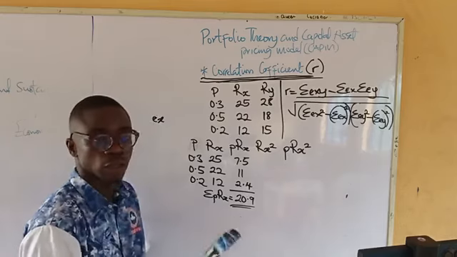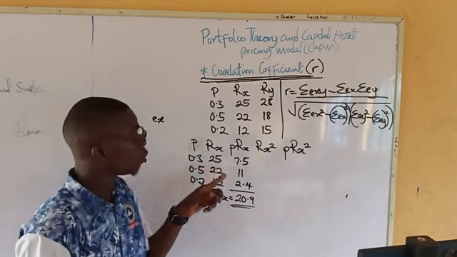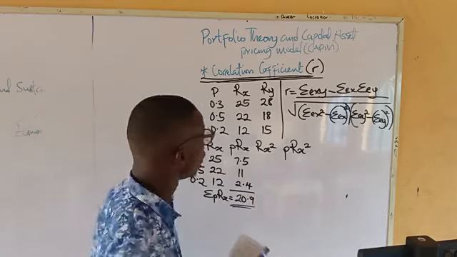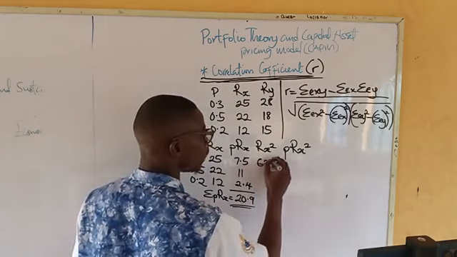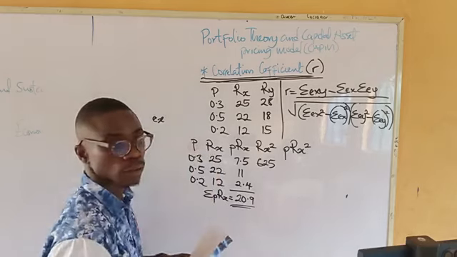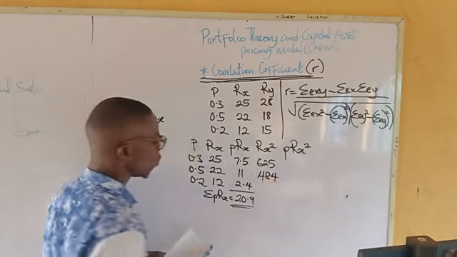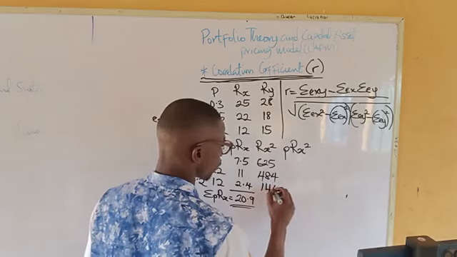So what is this now? It means the square of return. So 25 raised to power 2, that means 25 times 25 is 625. 22 raised to power 2 is 484. 12 raised to power 2 is 144.